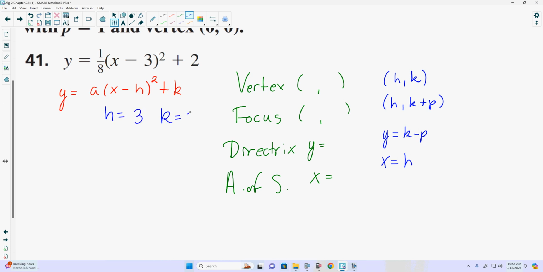K is 2. Now they tell us that a is 1/8. So P is equal to 1/4A. That's the last thing we really need. So here P is equal to 1/4 times 1/8.